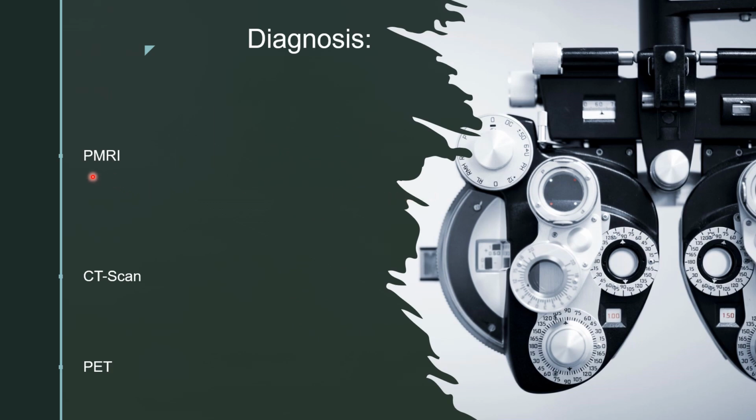Now, part of the investigations that could be done before arriving at a definitive diagnosis will include magnetic resonance imaging. But in this case, you could see that I've added P, that is prostatic magnetic resonance imaging. Here we will use a contrast, and the name is gadolinium.